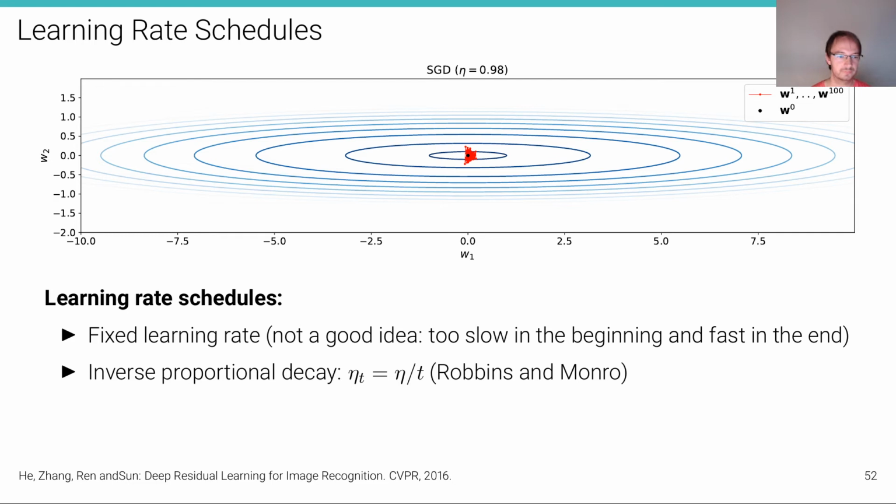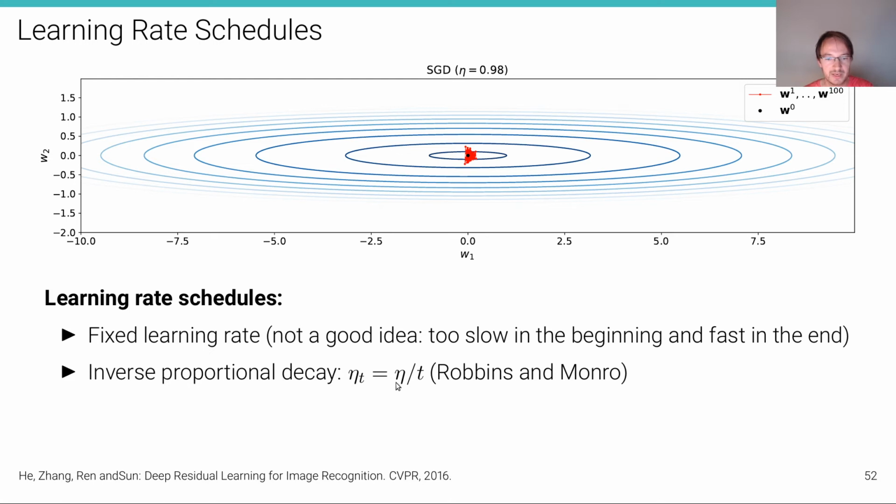Another popular learning rate schedule applies this inverse proportional decay that we've already seen, motivated by this Robbins and Monro theorem. However, this decay is very fast and often too fast. Also observe that here there is, of course, a hyperparameter left.